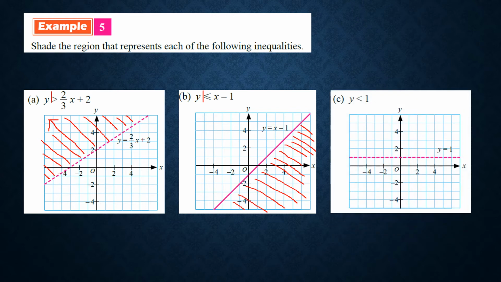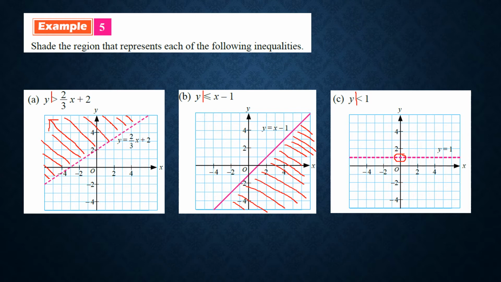Next, y less than 1. The line y equals 1 is already drawn, a horizontal line. This is the coordinate for y equals 1.